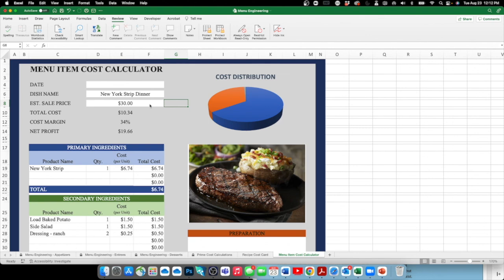That's my food cost. So every dollar of money that I receive, I'm paying out 34 cents to produce this item. Now, I said my food cost goal was 30. Is this out of line? No, because this is a steak. This is one of those plow horse items on the menu engineering, which is going to typically have a higher food cost associated with it.